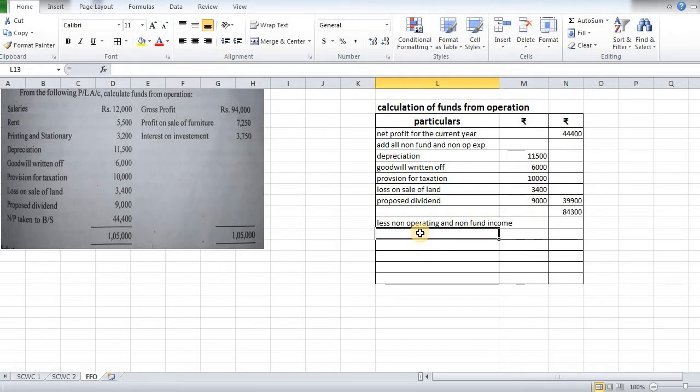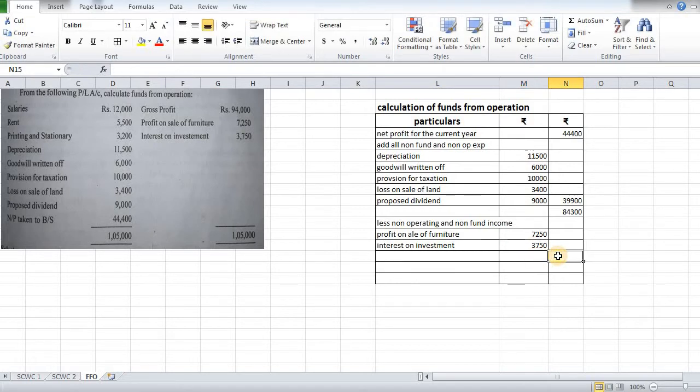Only two items are given in the question. The first one is profit on sale of furniture. Value is 7,250. The second item is interest on investment. The value is 3,750.